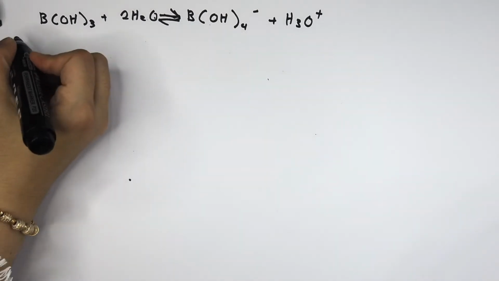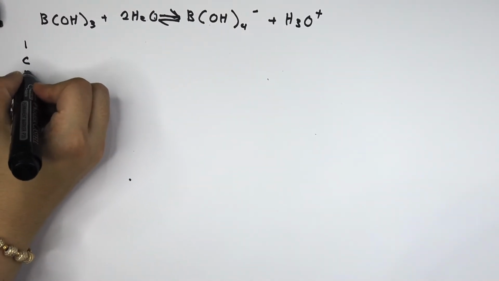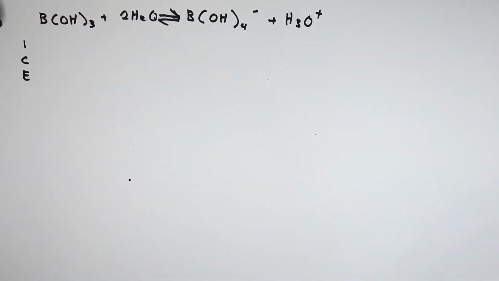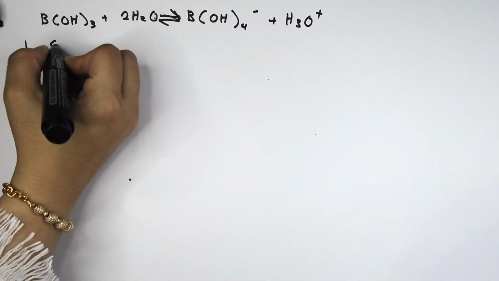After you have written the balanced chemical equation, what you need to do is write the ICE diagram. Same drill: initial, change and equilibrium. From the question, the initial concentration is 0.050.